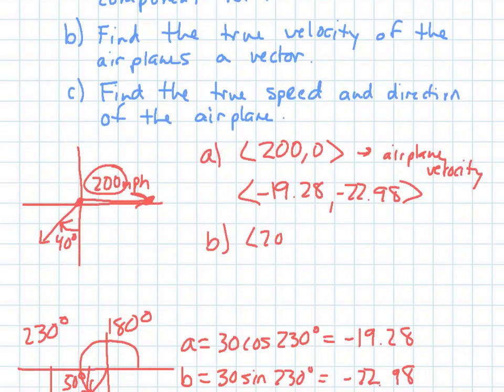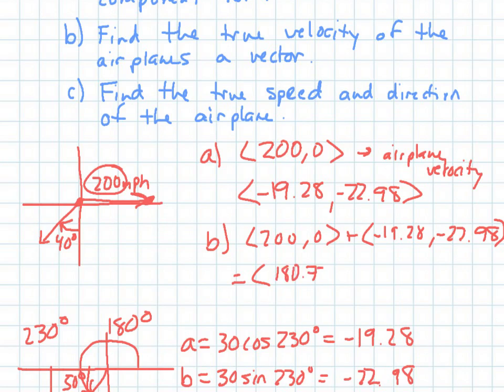So you take 200, comma 0, plus your negative 19.28, comma negative 22.98. That gives me 180.72, comma, and then the other one will be just negative 22.98. So there's my letter B.